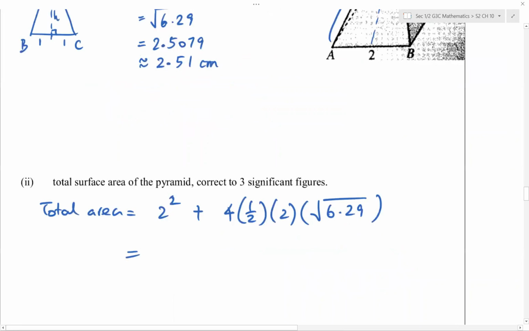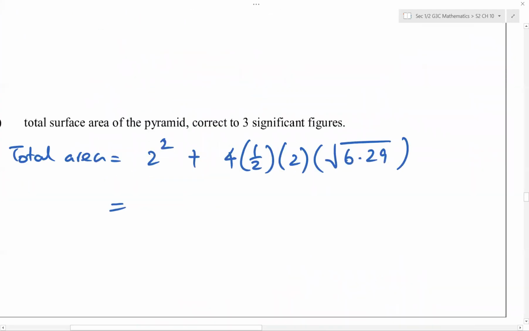So total value, total area over here, 14.0319.